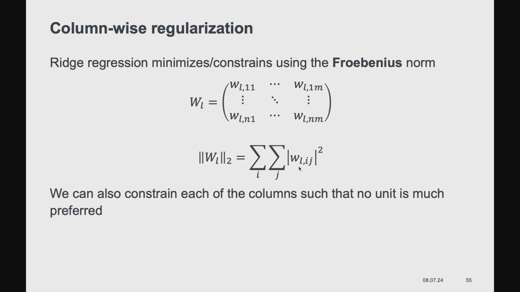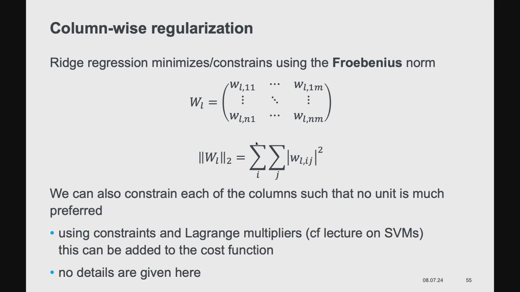Maybe we want to say we don't want to have units that approach 0. All units should have some signal that they carry. And what we can do is regularize the columns, such that in the columns some values are different from 0.